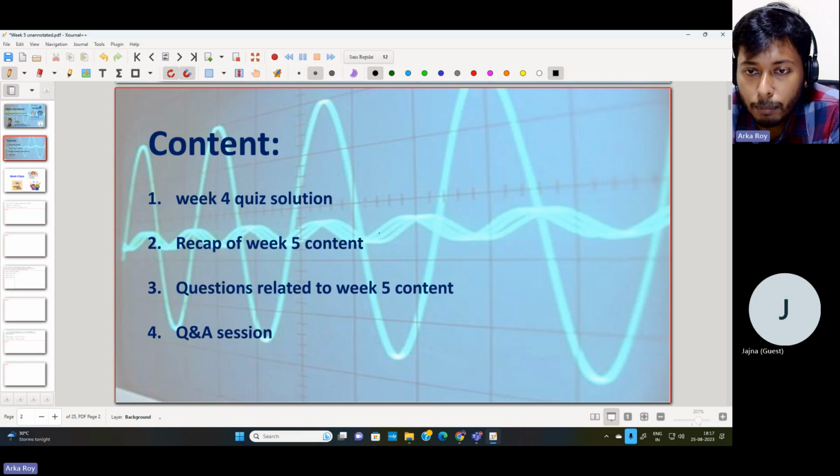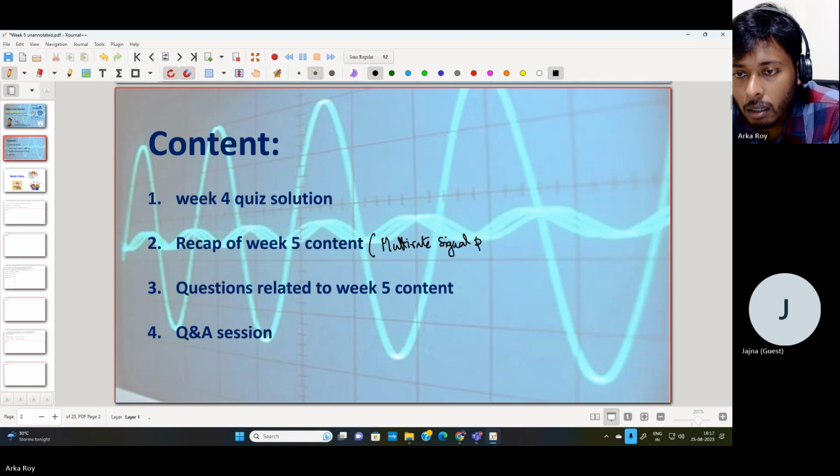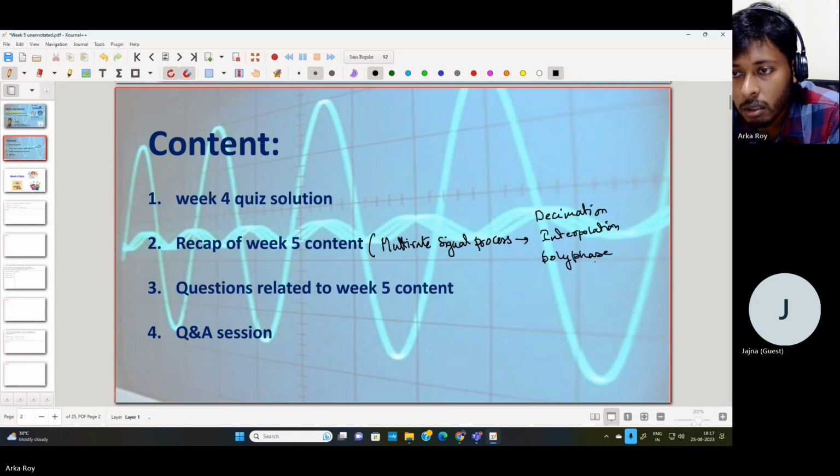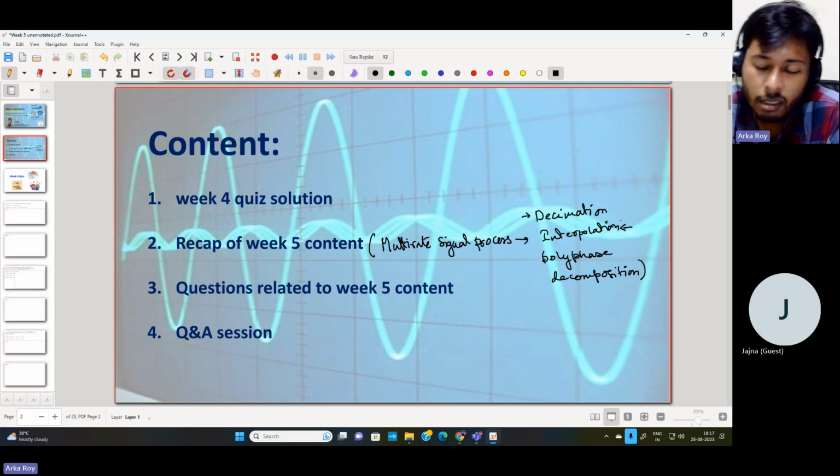In week 5, the main topic is the multi-rate signal processing, which comprises operations like decimation, interpolation, polyphase decomposition, and additionally, as we are discussing decimation and interpolation, the upsampling process and downsampling process come into the picture.